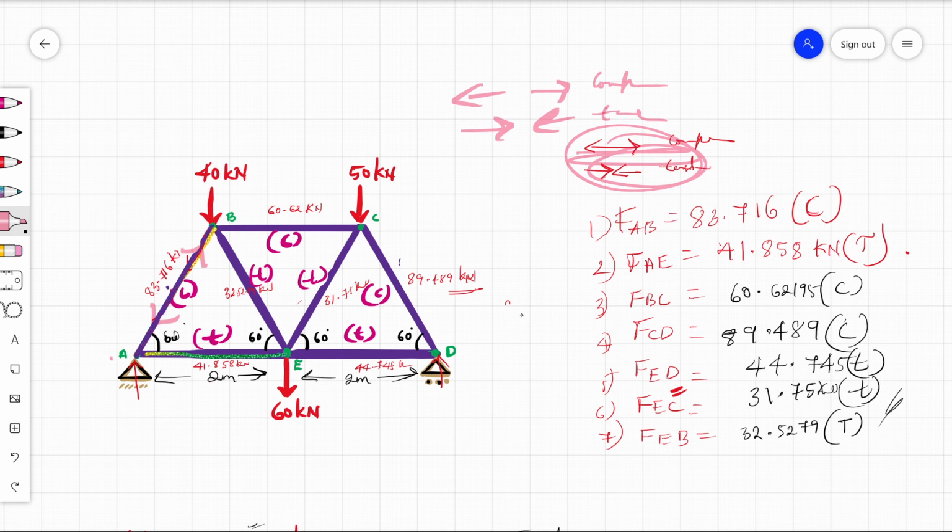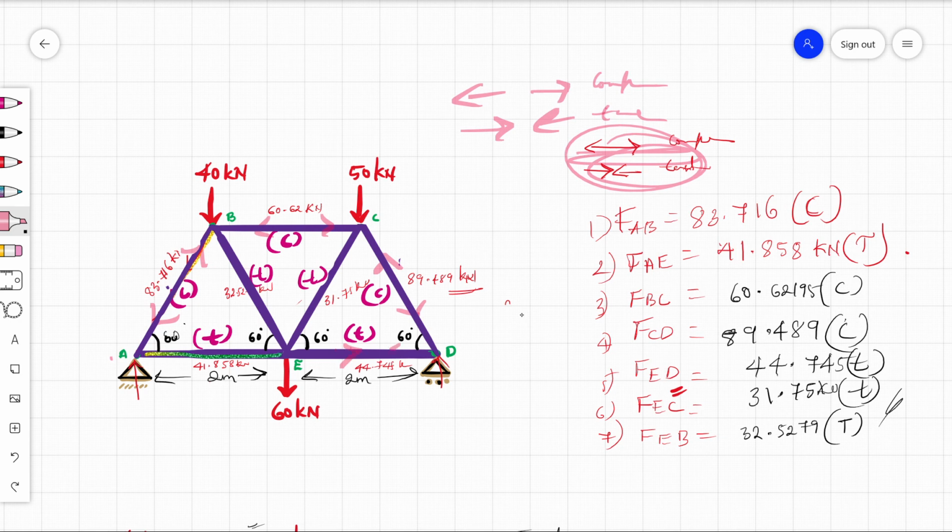This is compression. This is compression. Sorry, these two are in tension only, right? So this is in tension.